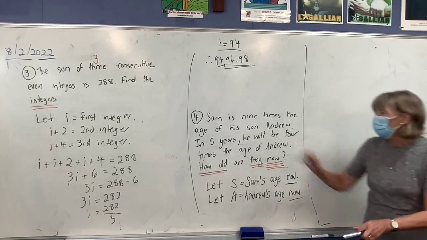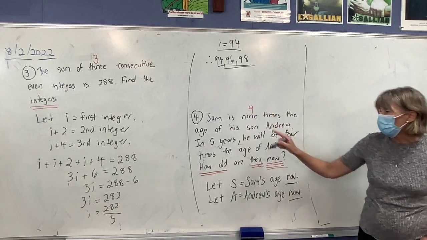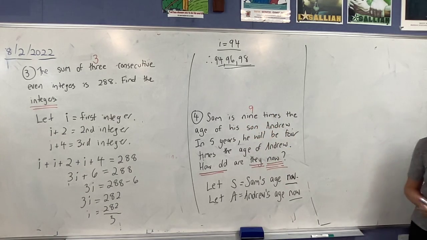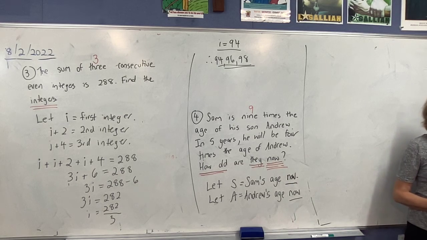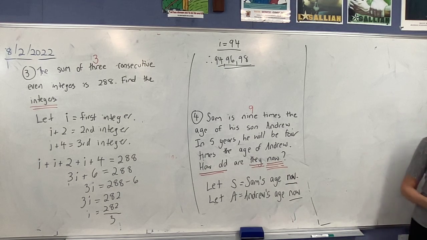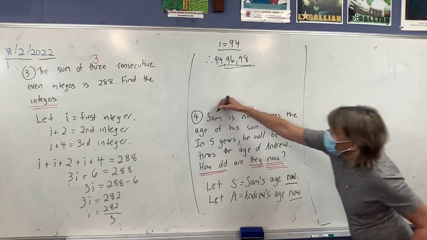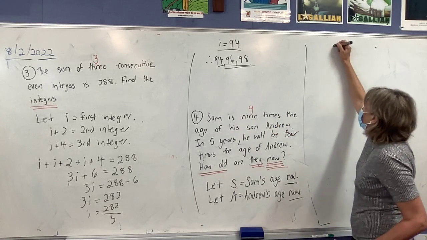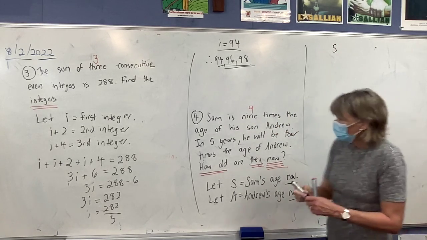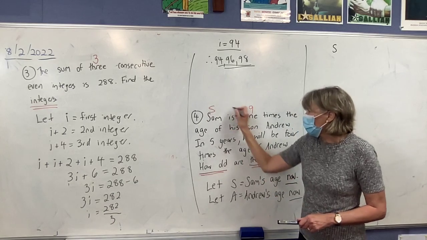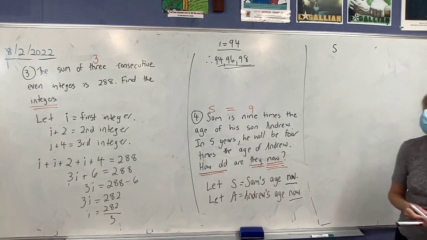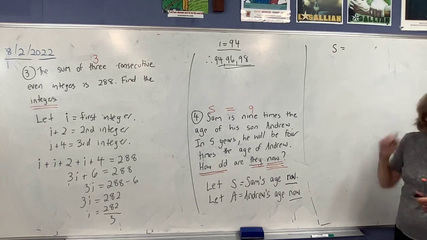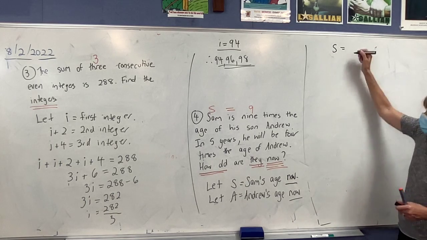Sam is, if you don't like these numbers, write words, write a number. Sam is 9 times the age of his son Andrew. What do we write, Darcy? Start with S because it says Sam is. S equals 9A.